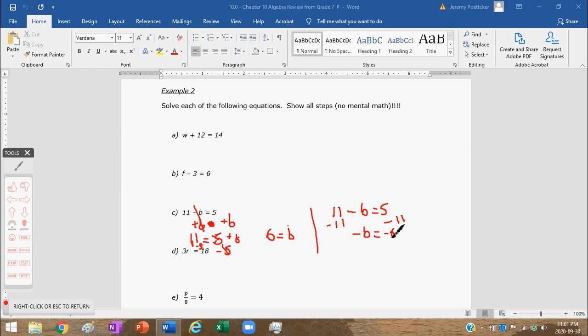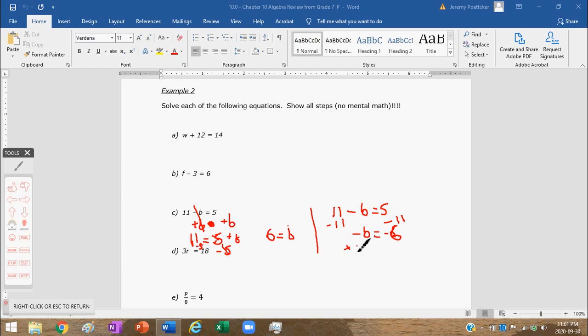Given my writing, it looks like I have negative b equals negative b. It's actually a 6. Trust me, that's a 6. Next step, I've got a negative b. I shouldn't end up with a negative variable. So you know what I can do to get rid of this?